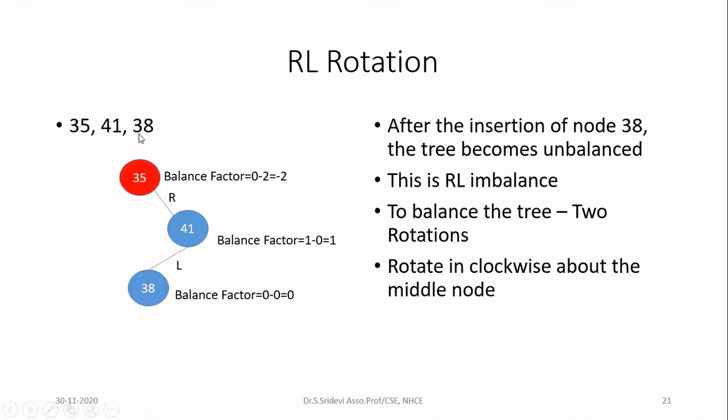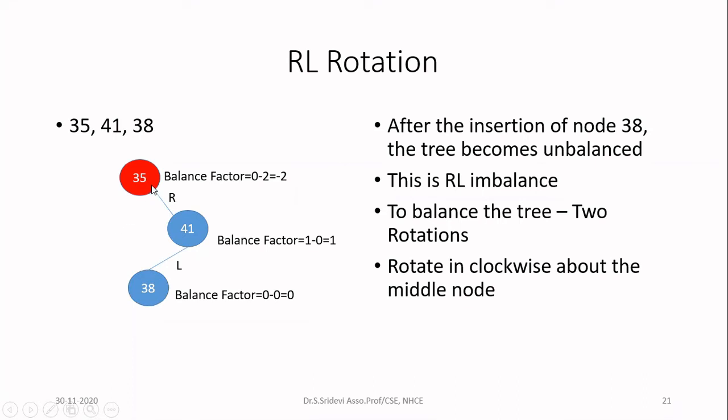So 38 is greater than 35, so you will go to the right subtree of 35. But when you compare 38 with 41, 38 is less than 41, so you will insert 38 in the left subtree of 41. Now you calculate the balance factor of all the nodes again. For 35, the balance factor is the height of the left subtree, which is 0, minus the height of the right subtree.